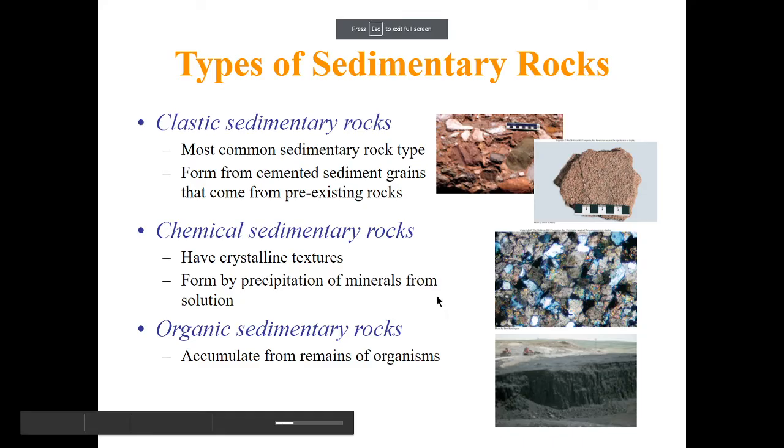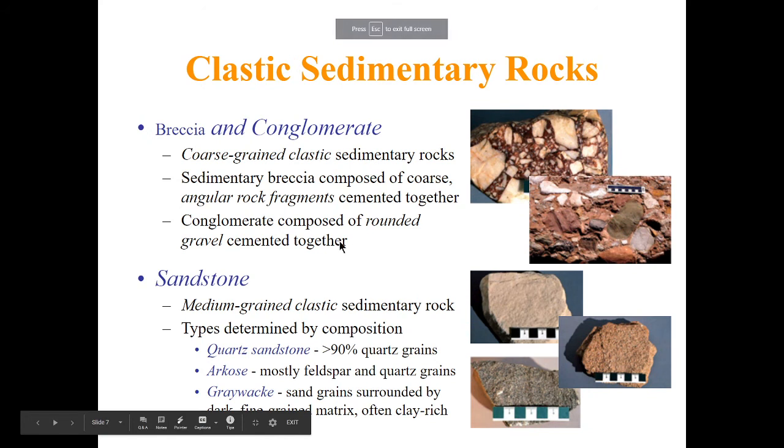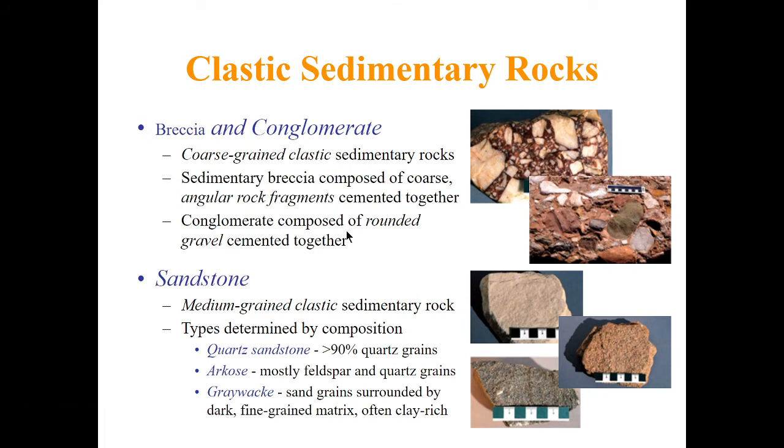If we take a look at clastic, we are going to, for the most part, have three types. The first type is going to be a conglomerate, and you noticed I made breccia smaller. Conglomerate is going to be big chunks, anything bigger than sandstone, we are going to call a conglomerate.